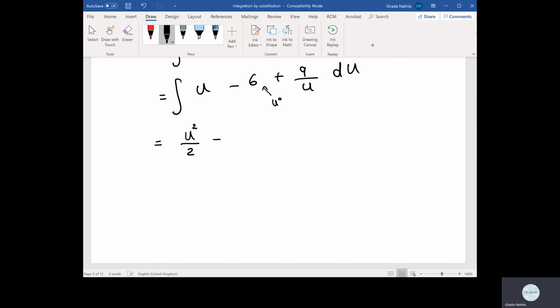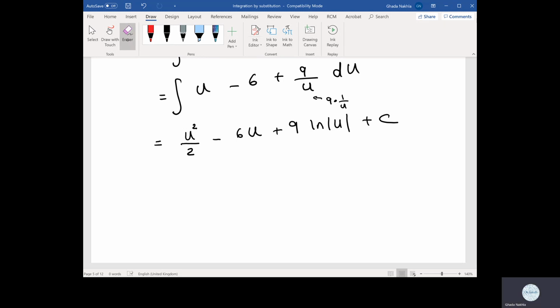Increase the power, the 0 will become 1, so 6u plus. This is the same as 9 multiplied by 1 over u. 9 is a number, it's a constant, we leave it alone. And 1 over u integrates to ln mod of u plus c.